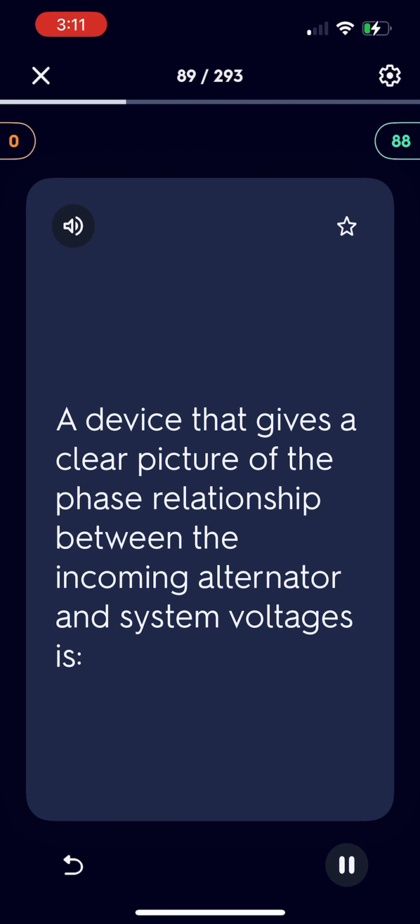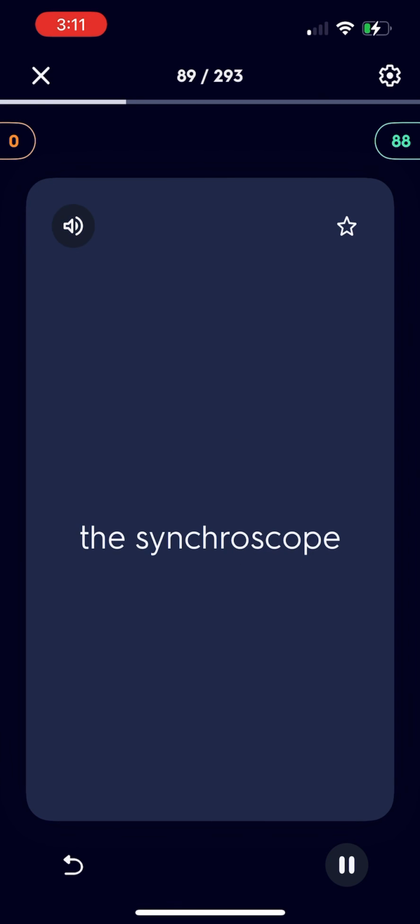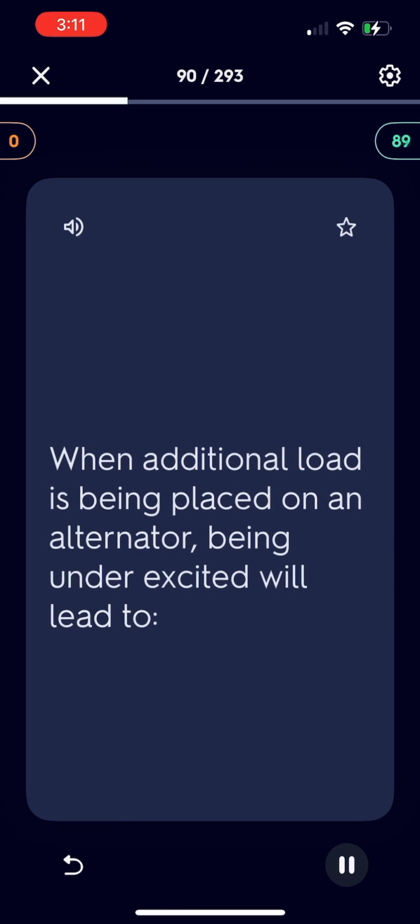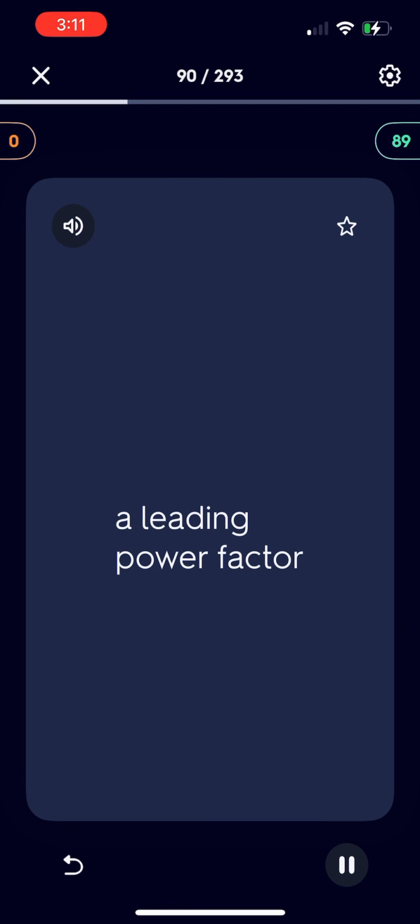A device that gives a clear picture of the phase relationship between the incoming alternator and system voltages is the synchroscope. When additional load is being placed on an alternator, being underexcited will lead to a leading power factor.